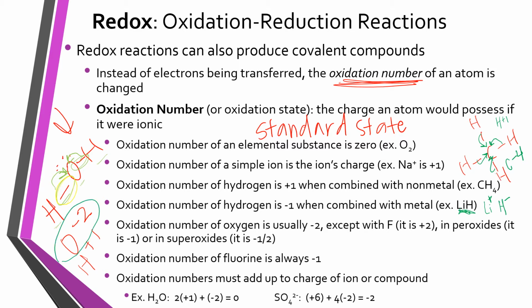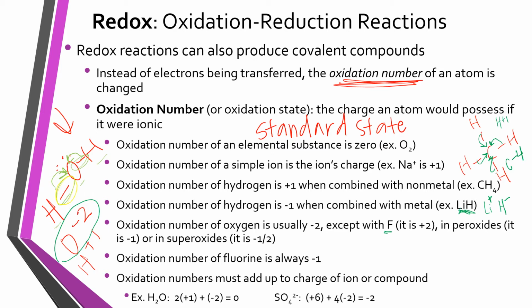But every now and again, if it is with fluorine, it's +2, and that's because fluorine is our most electronegative atom, and so fluorine would win in that tug of war, so fluorine would get the electrons and oxygen would be left missing two.